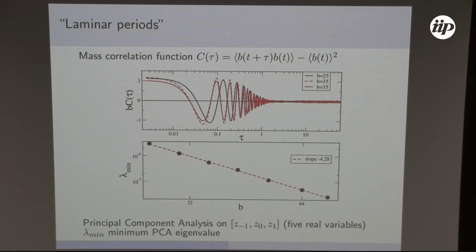This allows you to identify a direction where the dynamics is very, let's say, where fluctuations are very, very reduced.